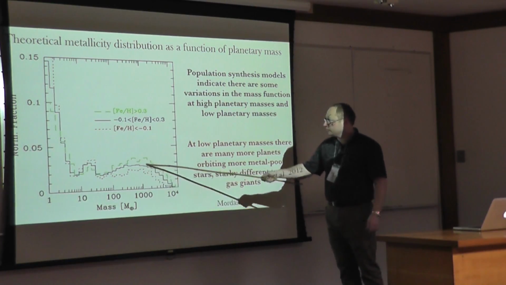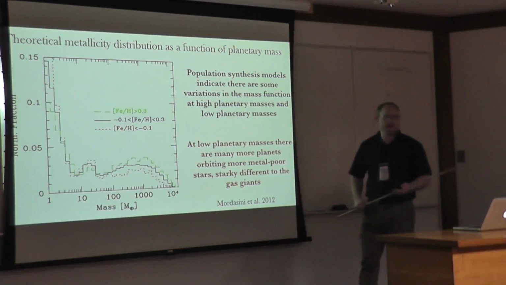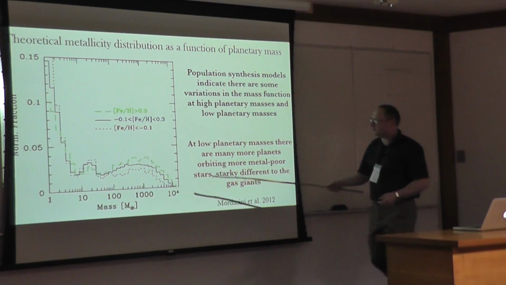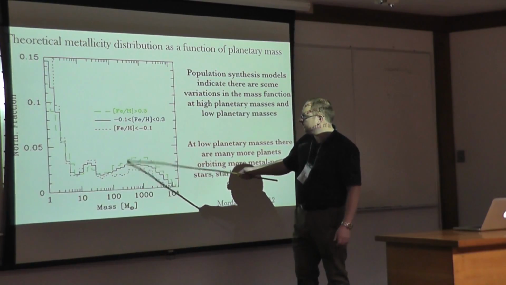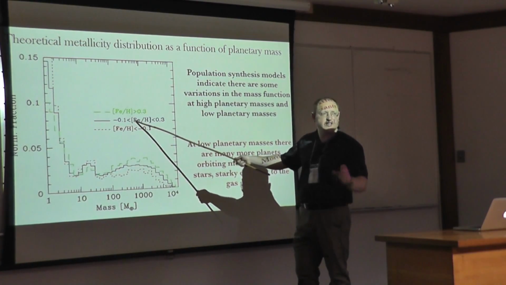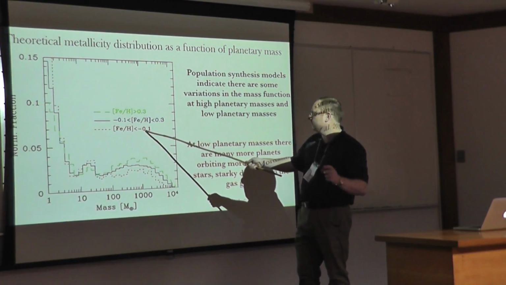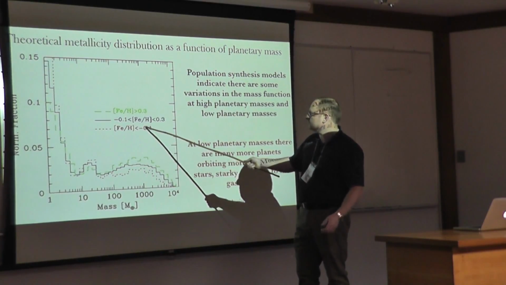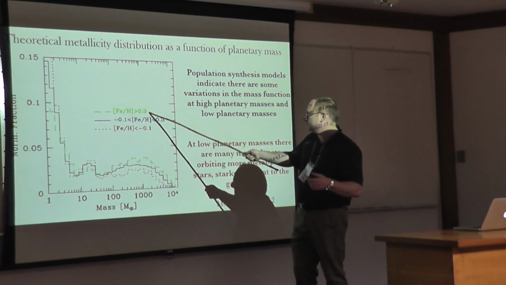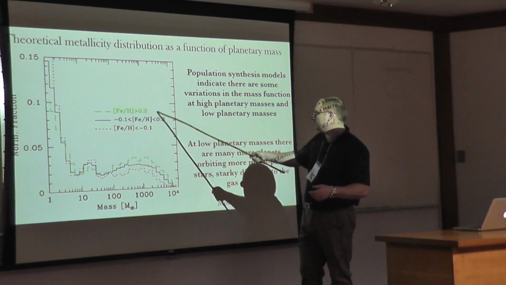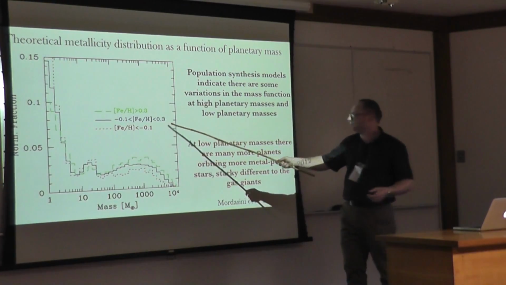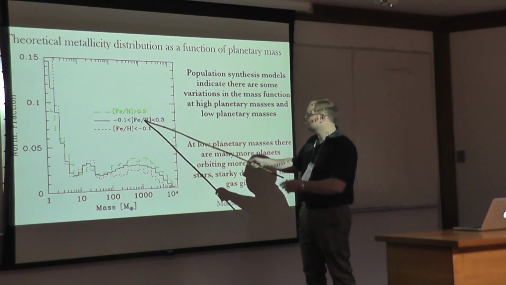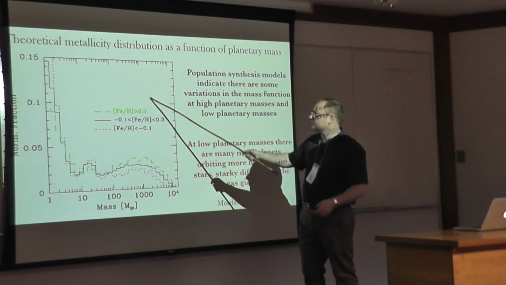If we look at the core population of gas giants, in the metal poor regime, the red is the most metal poor, blue is the intermediate population spanning minus 0.1, remember this is in log space, across the solar regime to super metal rich. Above 0.1, 0.2 is super metal rich, and then you've got the most metal rich stars.